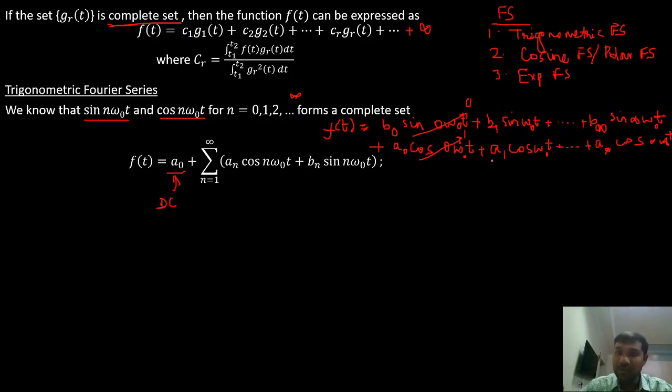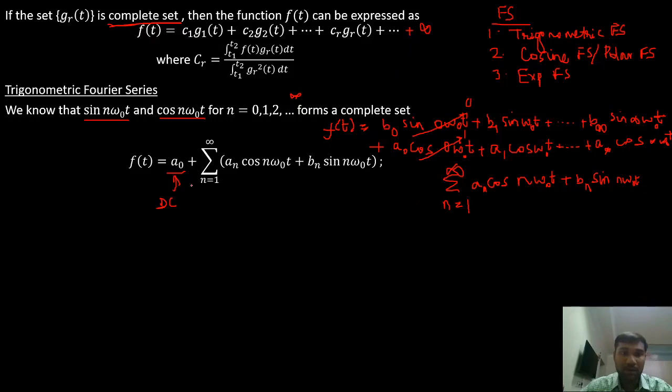The general form for this will be an cos n omega naught t plus bn sin n omega naught t, and summation n from 1 to infinity, right?